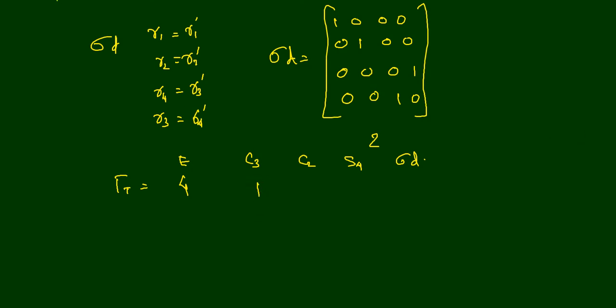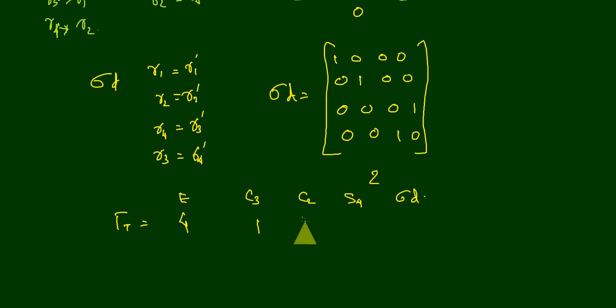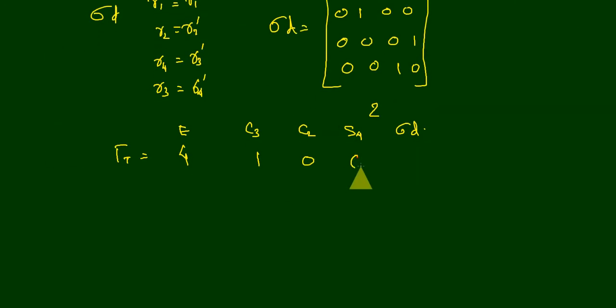C2 is equal to 0, and the total character corresponding to S4 is 0. And the total character corresponding to sigma d is equal to 2. So the total character is 4, 1, 0, 0, 2. Okay, so this is how we are making the total character corresponding to the bond vector transformations.